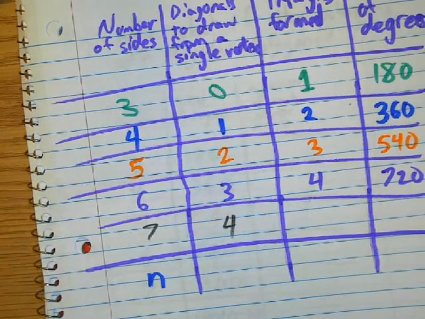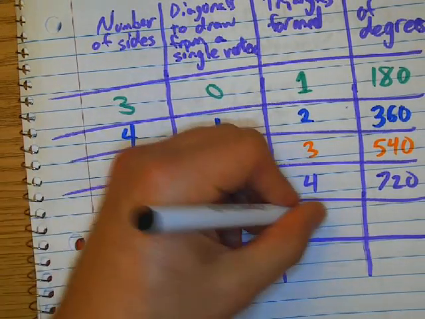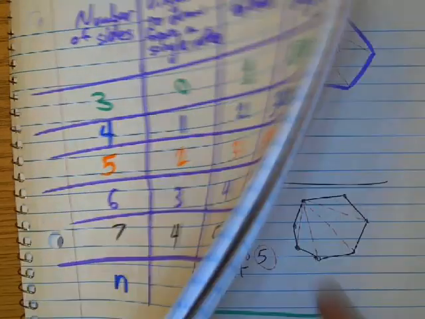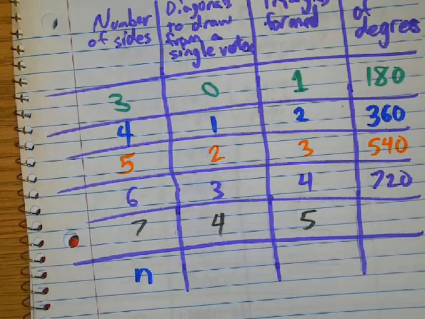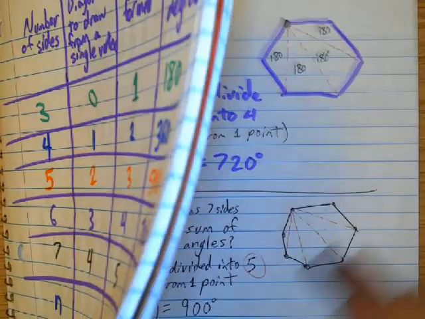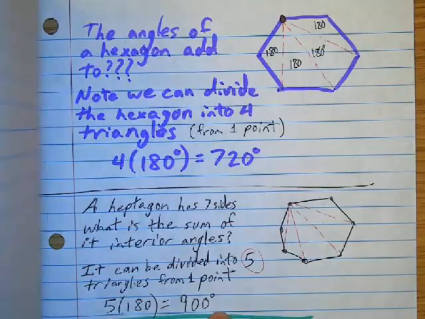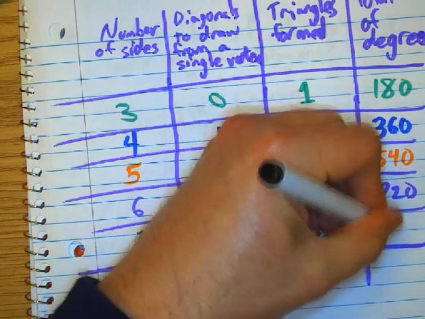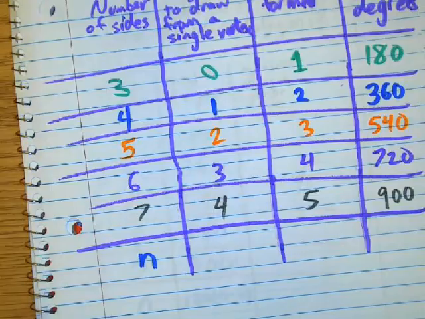Whew, almost made a mistake there. And we were able to break it up into 5 triangles. And the 5 triangles added together gave me 900. All right, so what is the pattern?